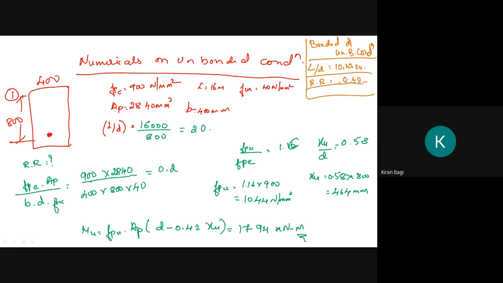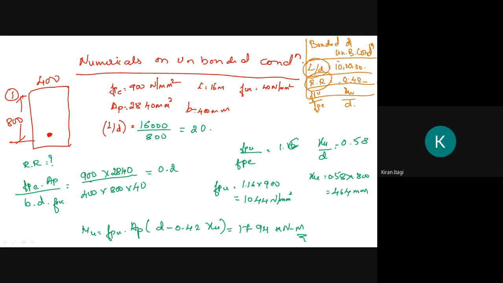Then we should determine the value of FPU upon FPE, that is the stress ratio, taking into consideration this L by D and reinforcement ratio. No more changes here, only direct things are there, and XU by D also in the same way. Anybody have doubt here?